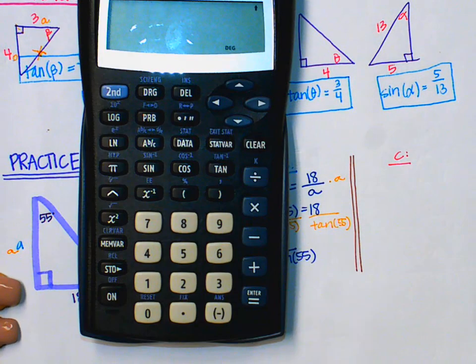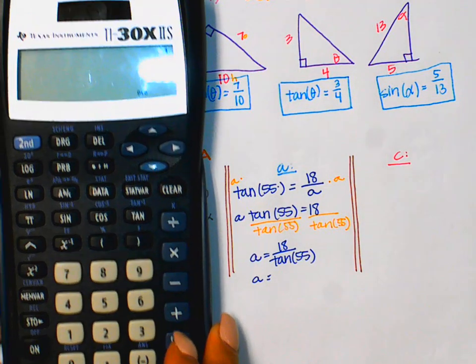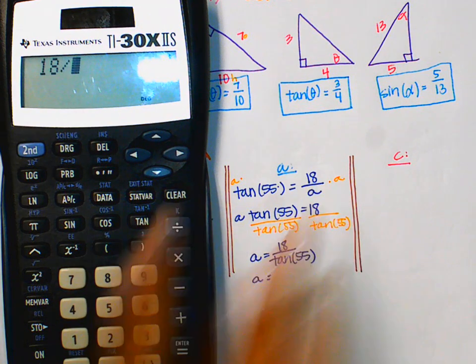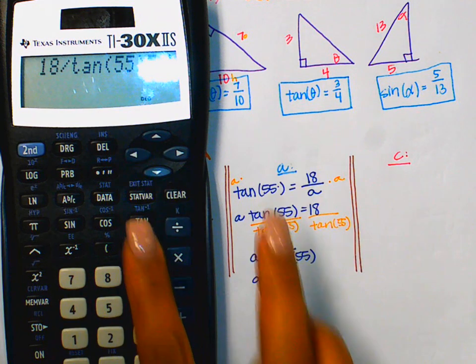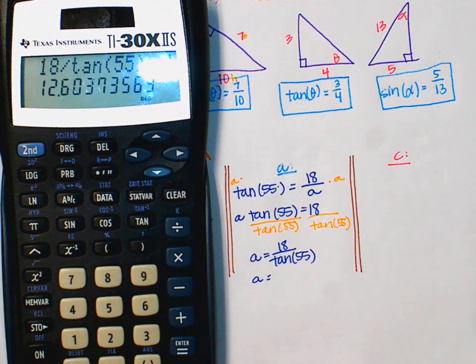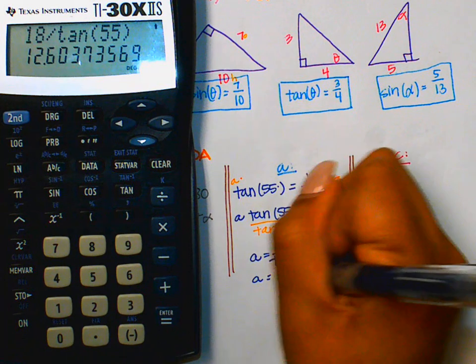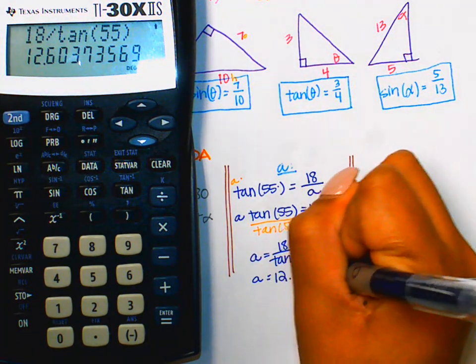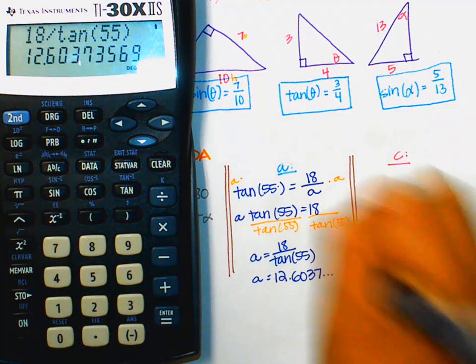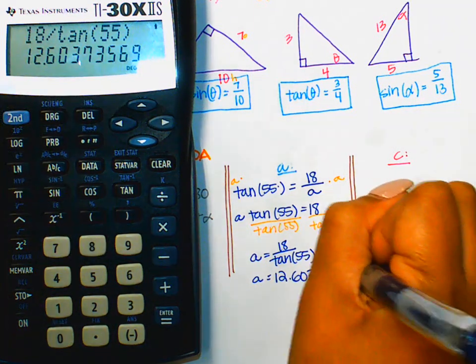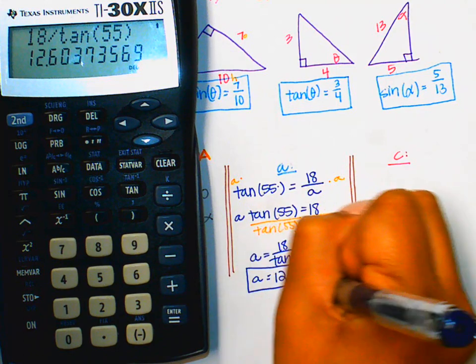I'm going to go ahead and use my calculator for this. So 18 divided by the tangent of 55 gives me 12.6, and that is my answer.